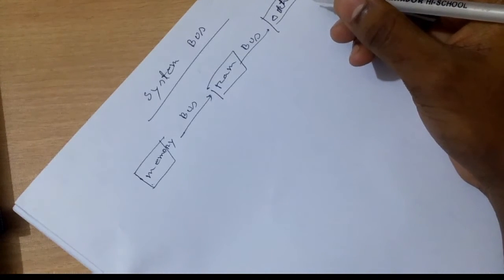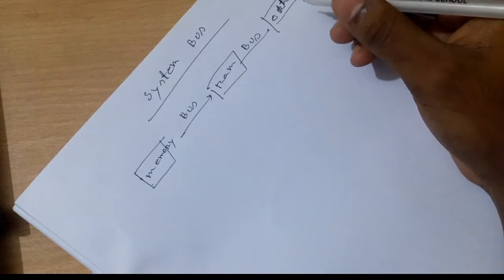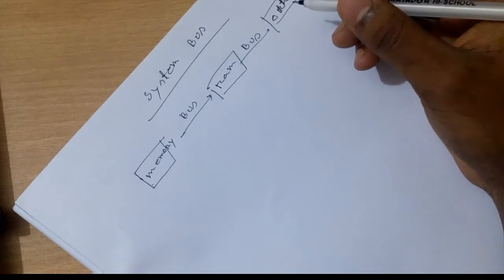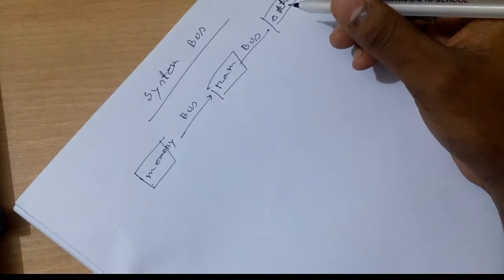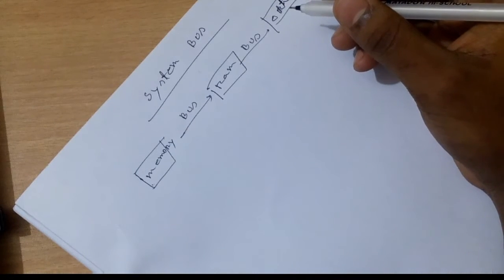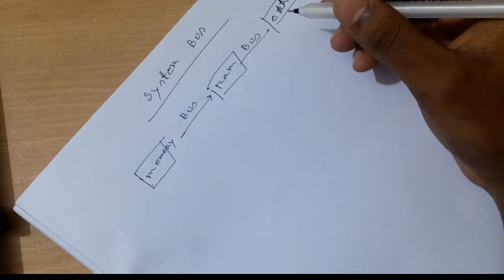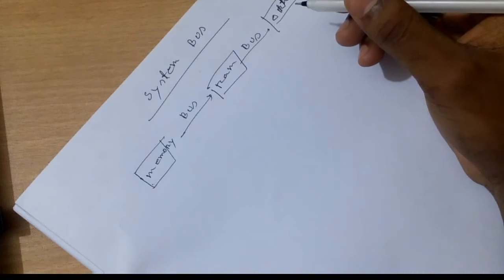A characteristic of a bus is that it is a shared transmission medium. Multiple devices connect to the bus, and a signal transmitted by one device is available to all the other devices attached to the bus.